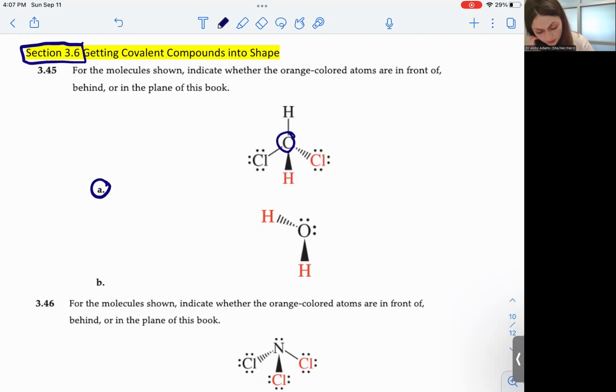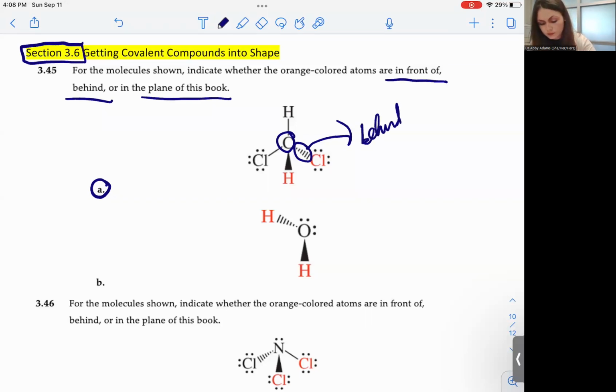So if we have a wedge line, all right, we want to indicate whether the orange colored atoms are in front, behind, or in plane. So how do we figure that out? If it's a wedge, then what? That's right. It's behind. And if it's a dash, or I mean, I'm saying this correctly.